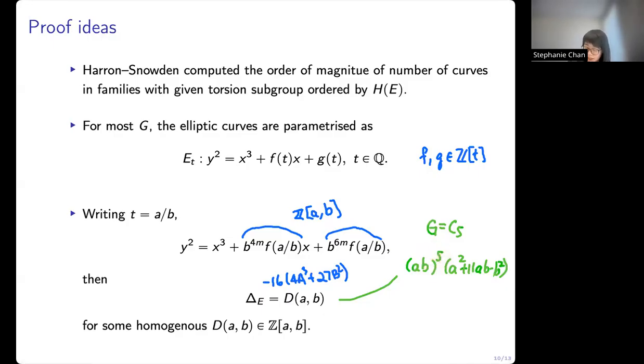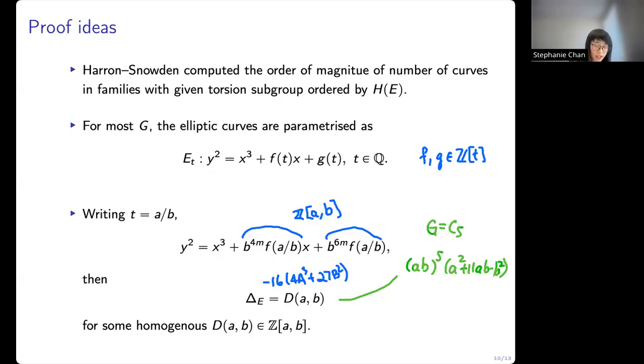But we expect that each of these factors should be close to square-free. So up to weighting everything correctly to take into account this exponent 5, we would be able to prove our theorem.